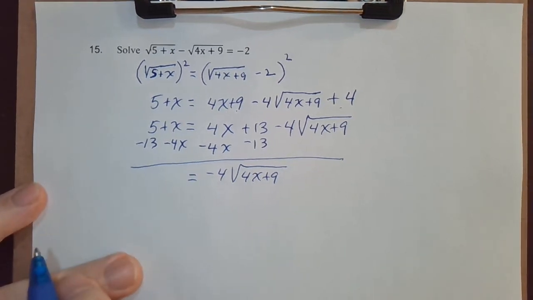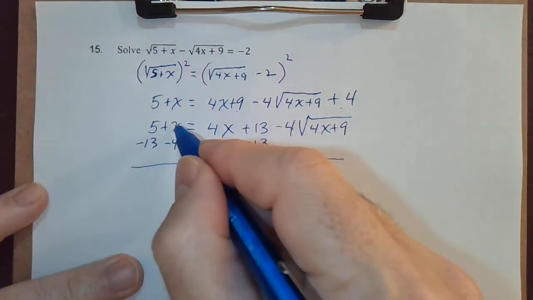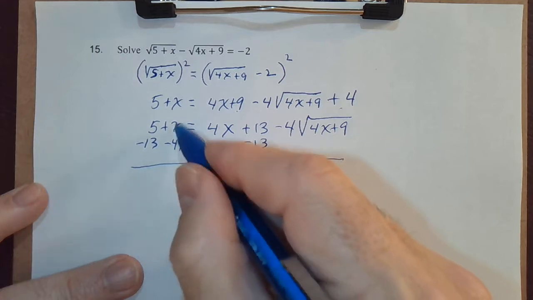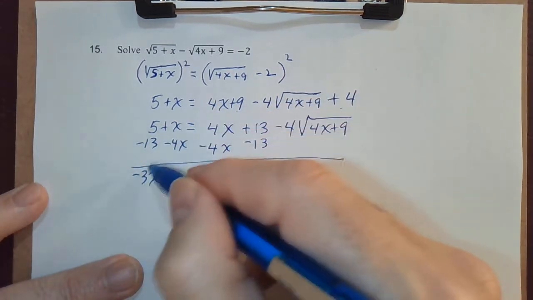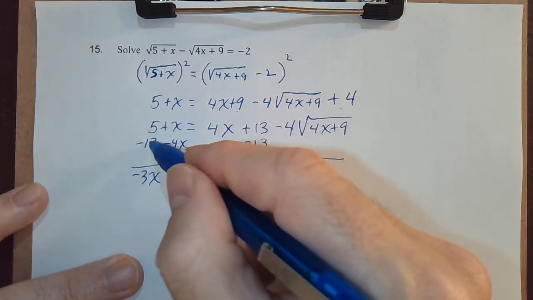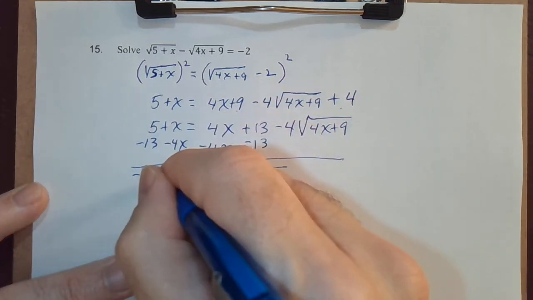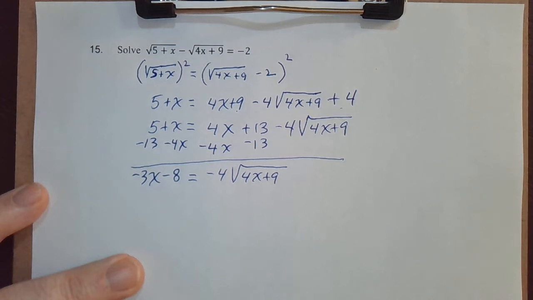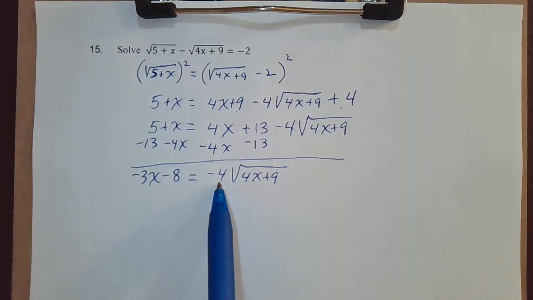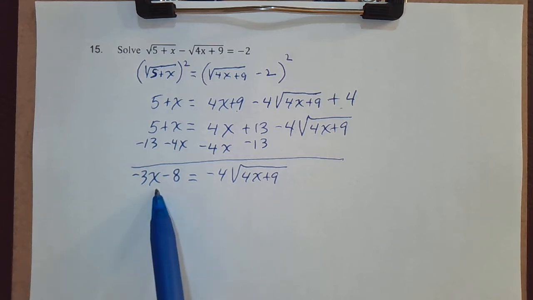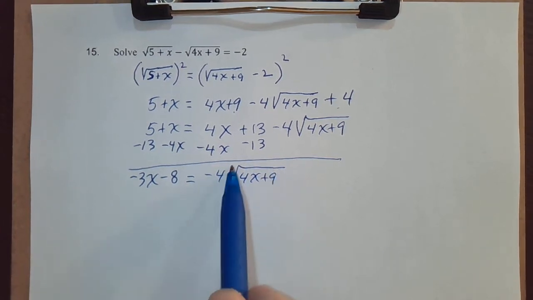What do we get on the left? We get the x's add up to negative 3x's. I'll put them first. I'm not lining them up the same here. And a 5 and a negative 13 would be a negative 8. And once again, if you want, we could divide everything by 4 to get the radical all by itself.